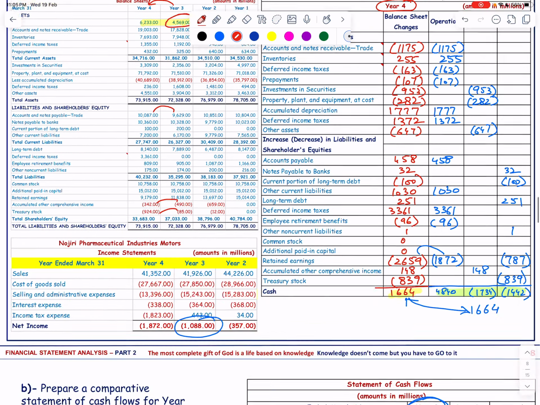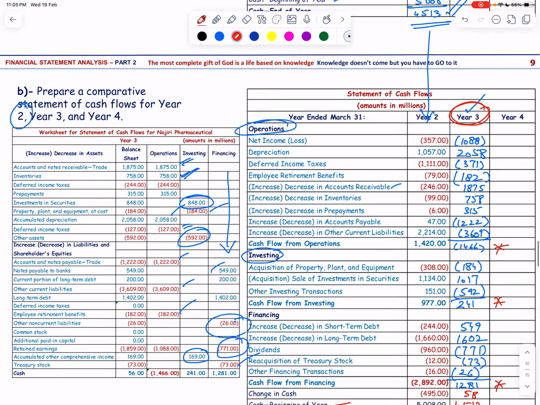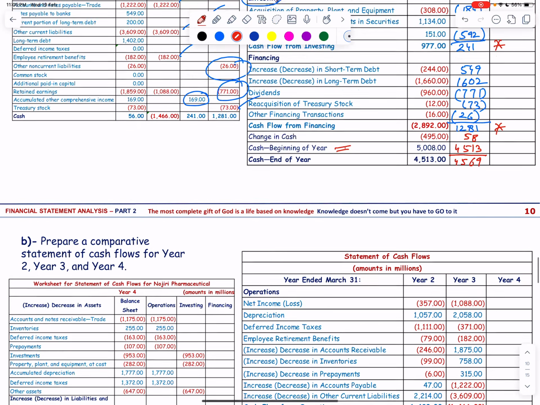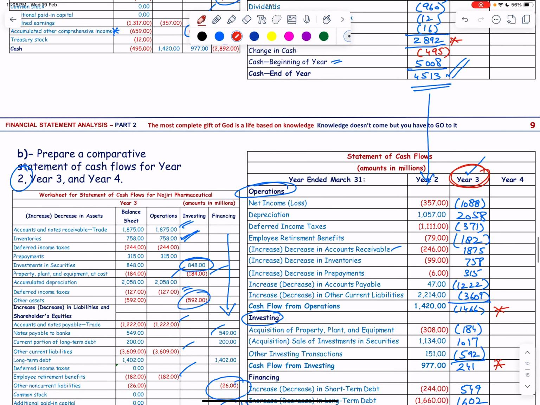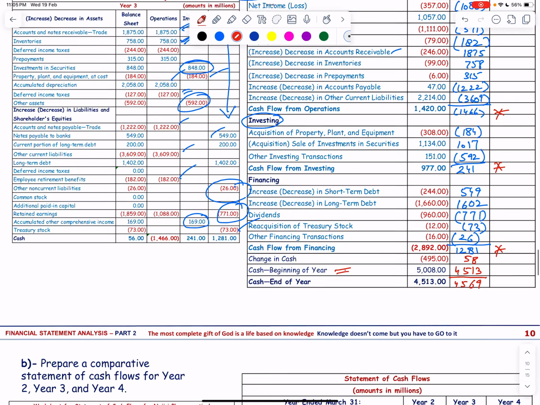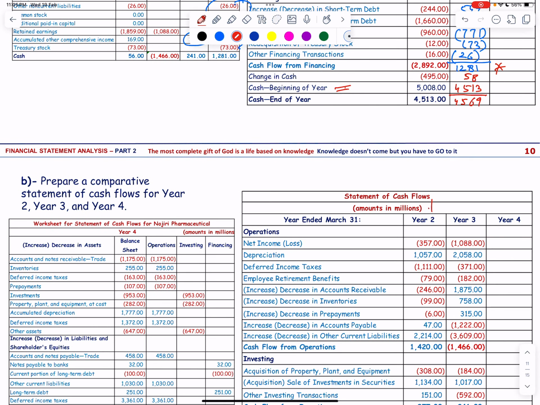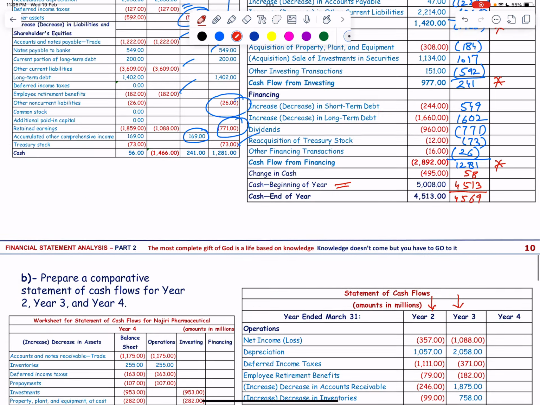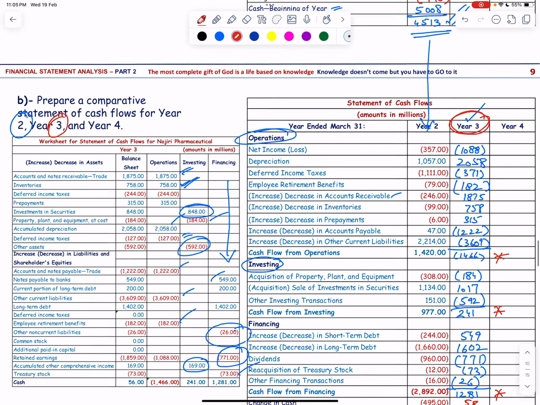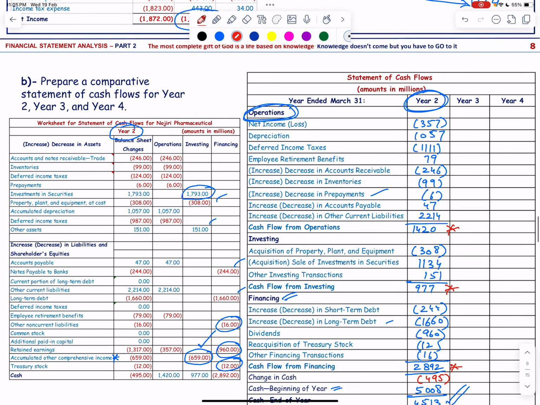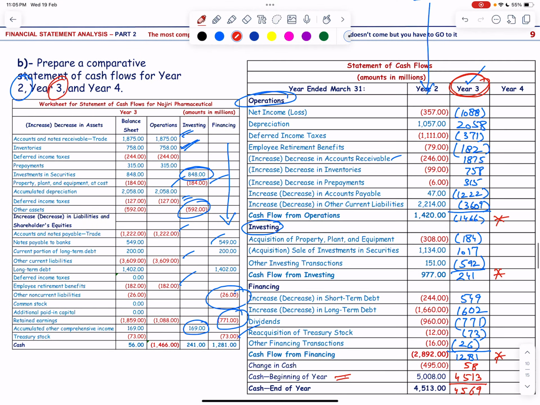Okay, now we have done this for year number 3, and we move on to year number 4. Now these values I have simply picked from slide number 9. This is for year number 2, and slide number 10 is for year number 3.